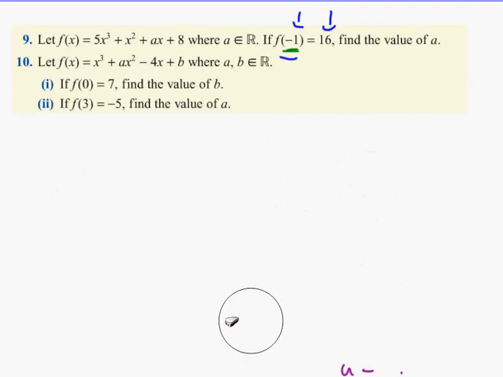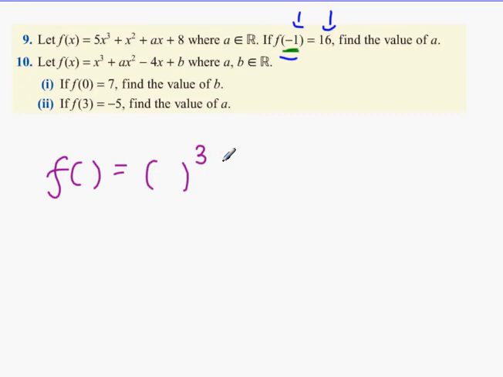Now, with question 10, what we're saying is f of 0 equals 7. So the function is f of your input equals your input cubed plus a times your input squared minus 4 times your input plus b equals whatever your output is.